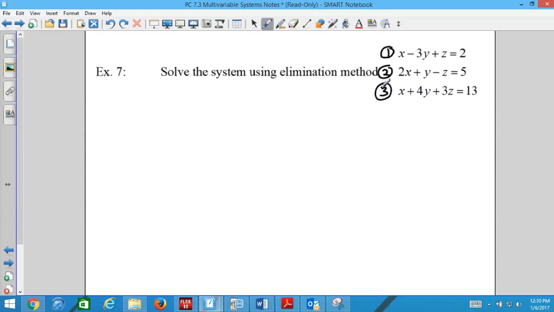Our goal is to change this into something that we've been doing, where we have 2 variables and 2 equations. Right now we have 3 variables and 3 equations. We are going to use elimination so we have 2 variables and 2 equations. You can't do more than 2 equations at a time.